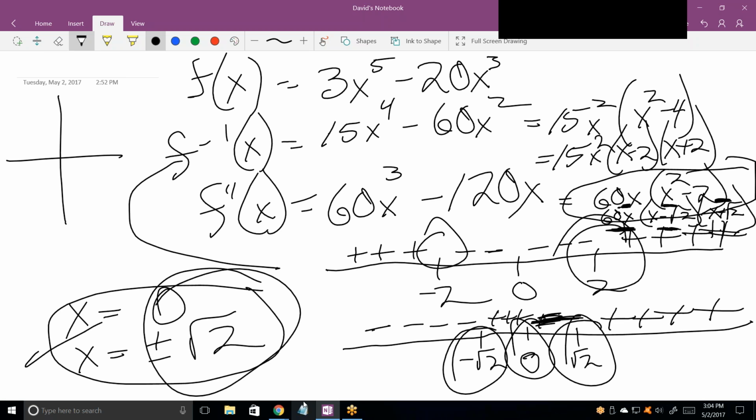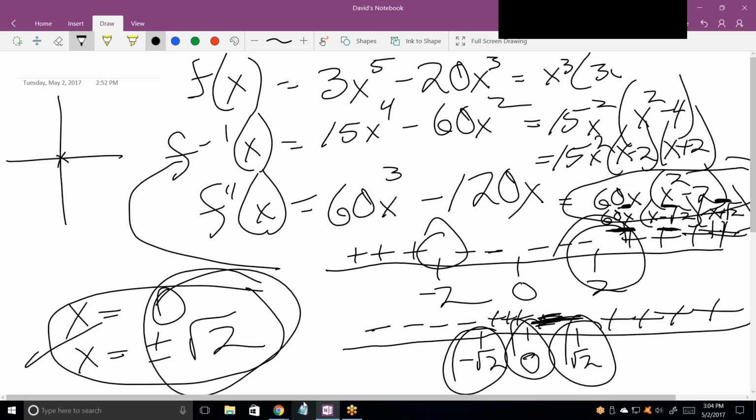First of all, what are the zeros of that function? That's a good starting spot, right? It tells me where it's going to cross the x-axis. Well, there's certainly one at 0. Minus 2 and plus 2, right? Well, let's see. If I factor out an x cubed, I get 3x squared minus 20.